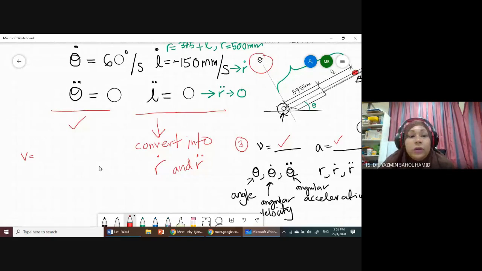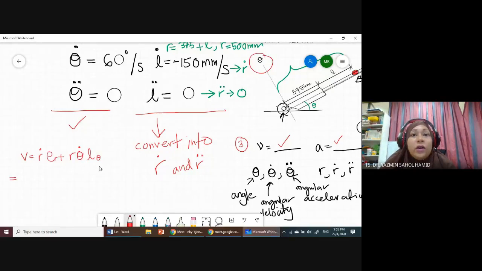Velocity equals r dot in the vector direction e_r, plus r theta dot in the theta direction, vector e_theta. So this is our equation.